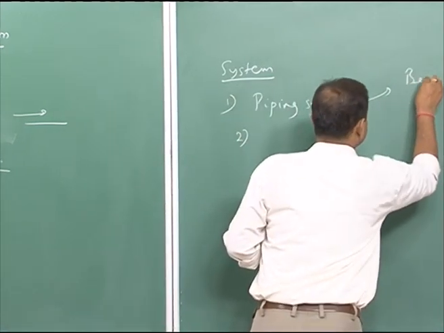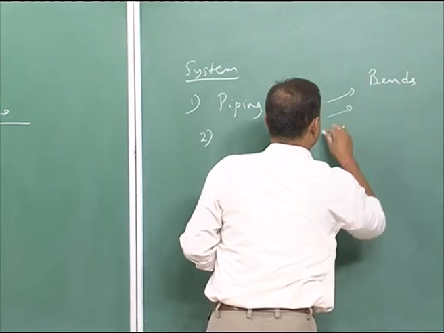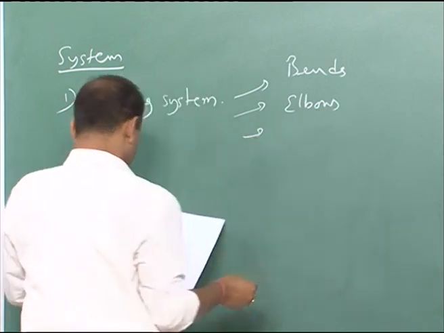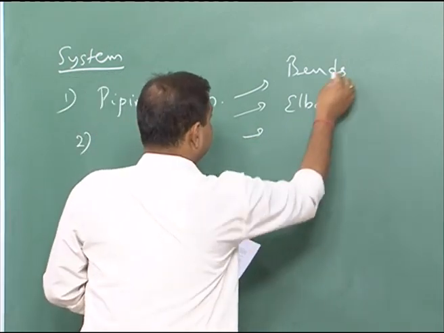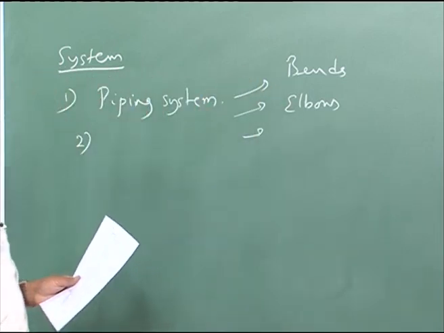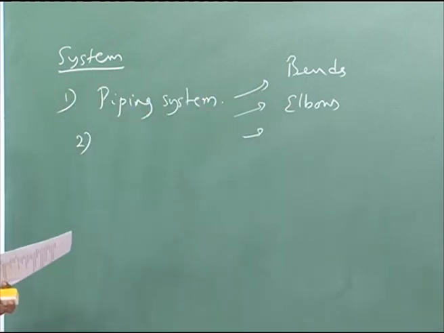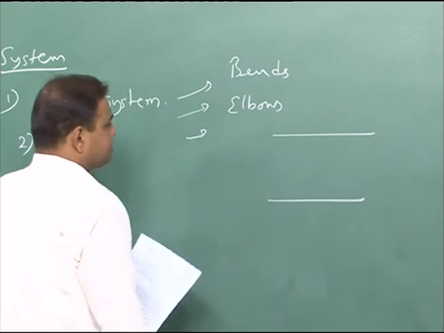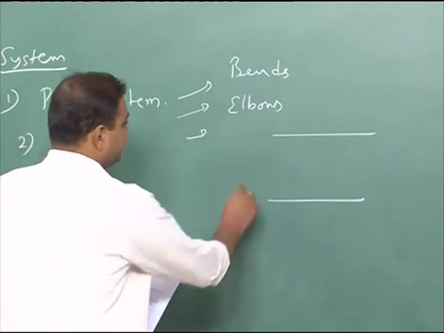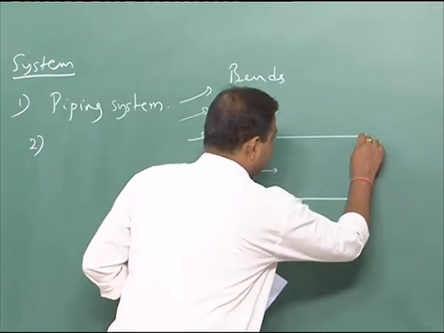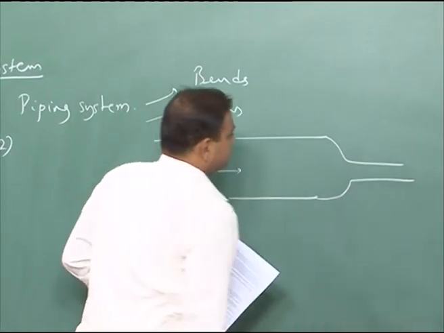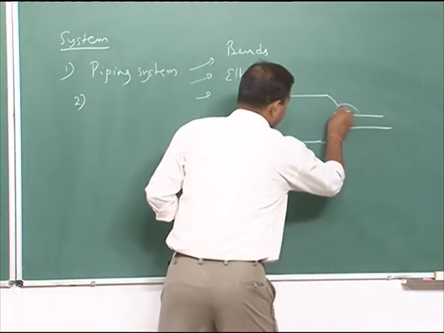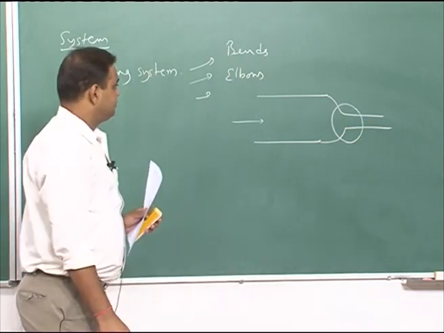For example, bends, then elbows, and particularly sharp turns. Or let us say one big pipe is coming, the large dimension pipe where the fluid is flowing, and from that you have an outlet which is of small dimension. This part is more susceptible to erosion corrosion.